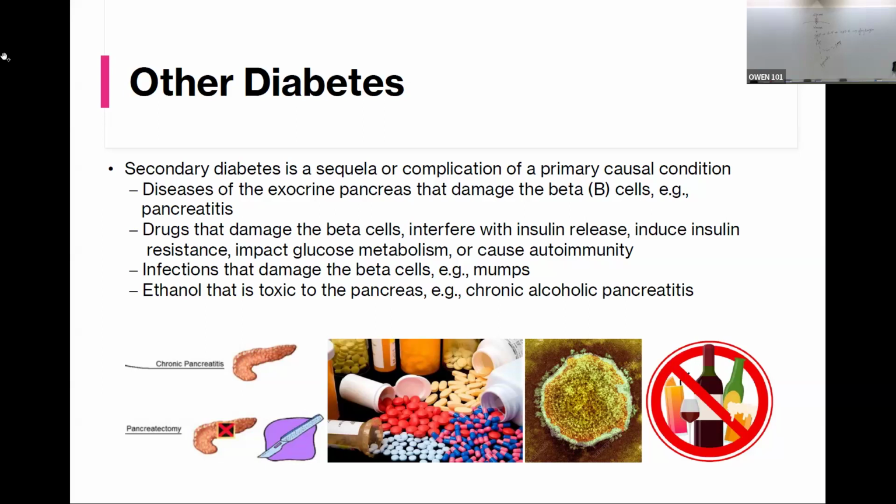So if you take statin, then one possibility is the blood sugar level increases, right? Infection that damages the beta cell, mumps, for example, and ethanol, alcohol, like chronic alcoholic pancreatitis, of course, can cause damage of the pancreas and the production of beta cells.